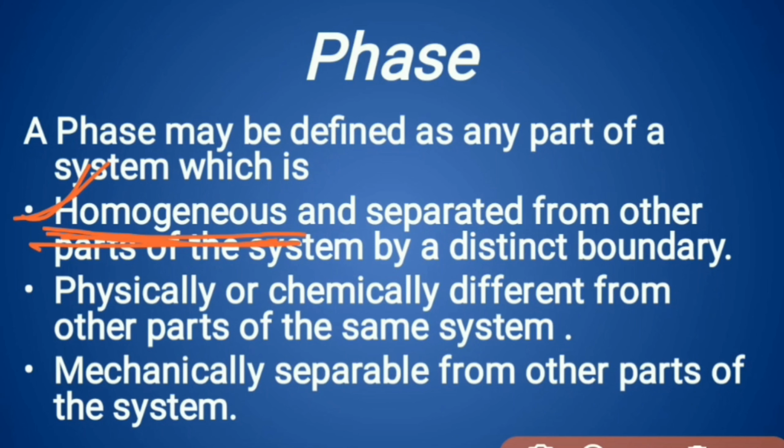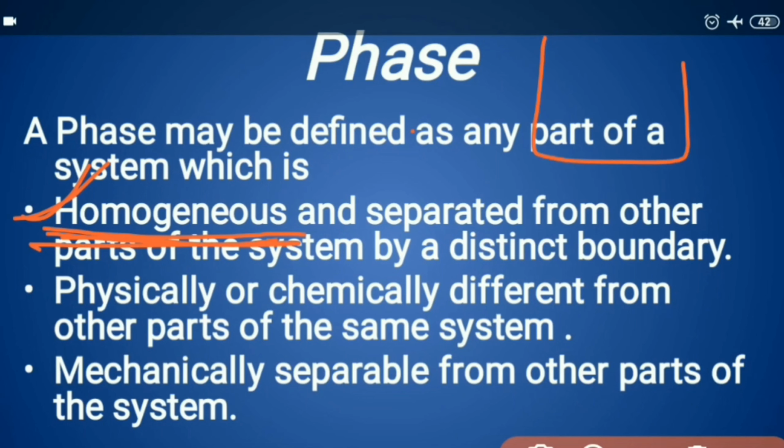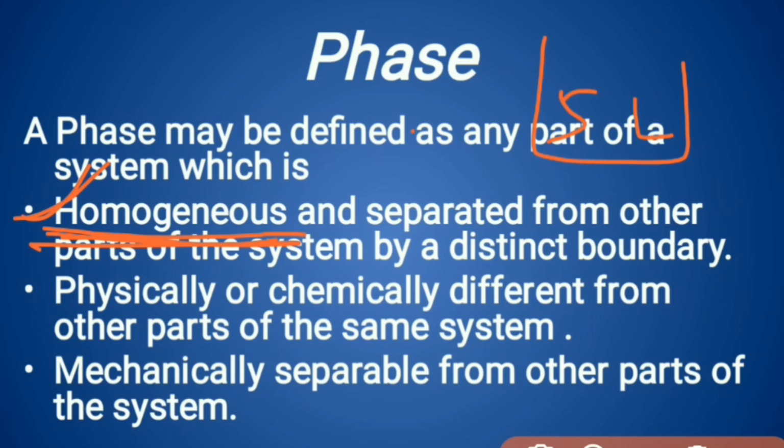What does it mean? If there is a system which contains solid and liquid, both phases, then they are separated by a distinct boundary. So we are talking about this particular one, either solid or liquid, as one phase. Solid is one phase, liquid is one phase. Now the second point is, they may be physically or chemically different from other parts of the same system.